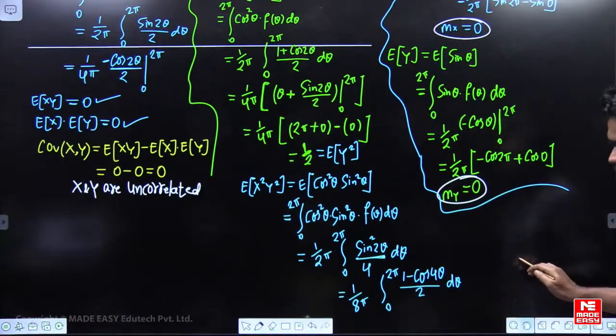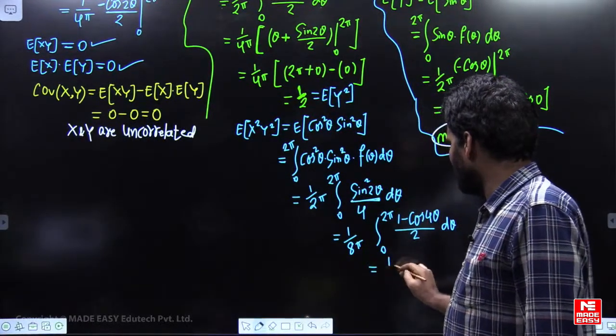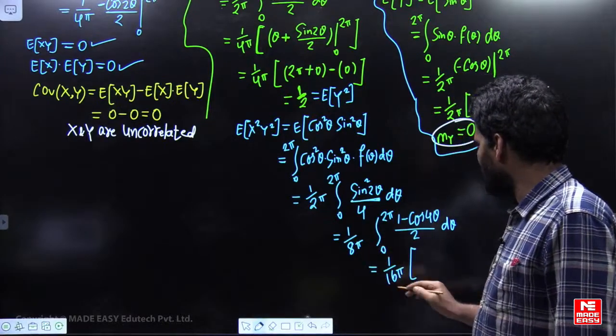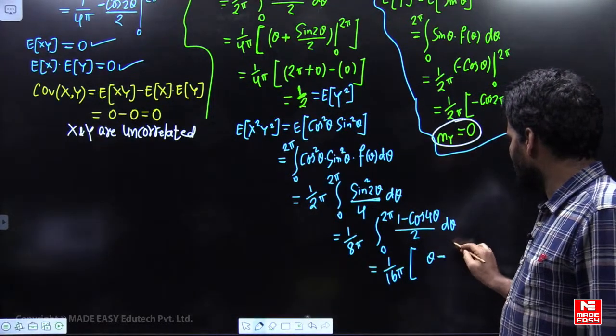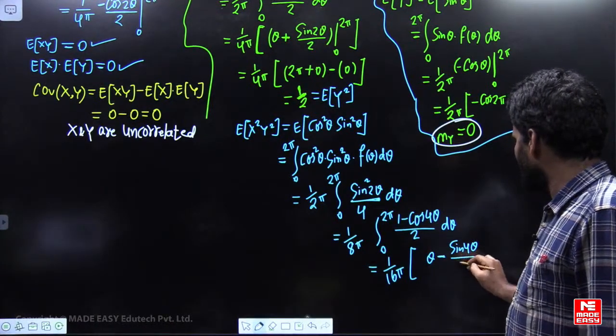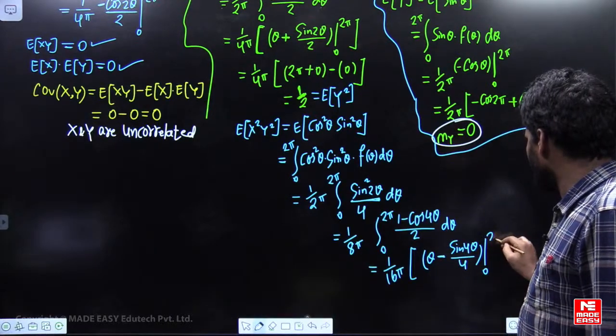If you do the integration and substitute limits, it is 1 upon 16 pi, writing 2 outside. The integration of 1 is theta, the integration of cos is sine, sine 4 theta upon 4, limits 0 to 2 pi.